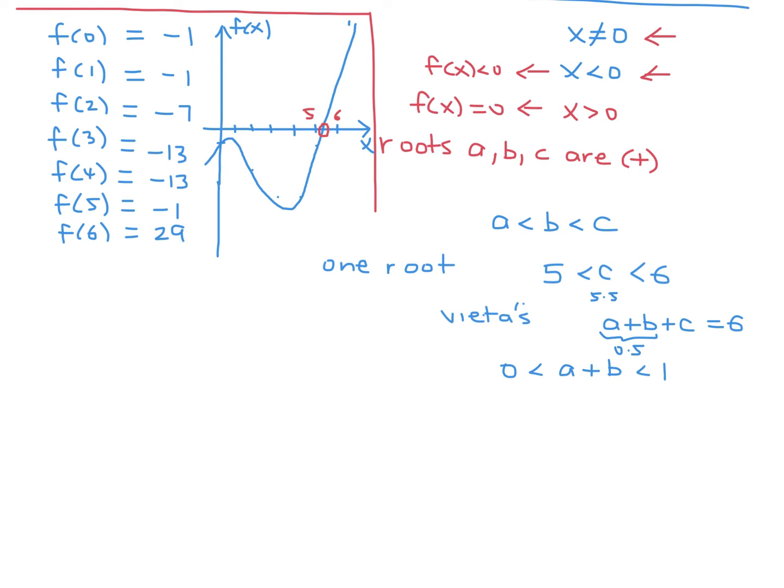So A and B are fractions, let's say. And B is greater than A, so I can conclude that since they're positive, both of these have to be less than 1. So A and B are less than 1. So we're getting there. Okay, let's keep moving forward here.